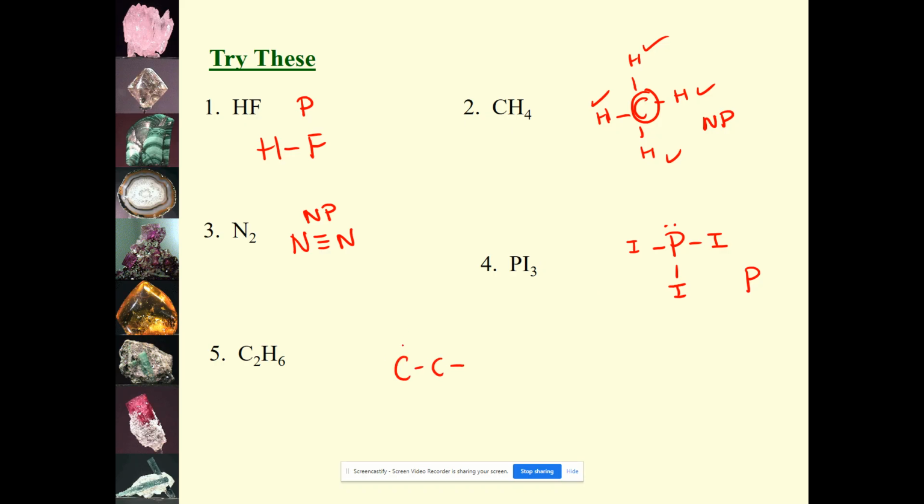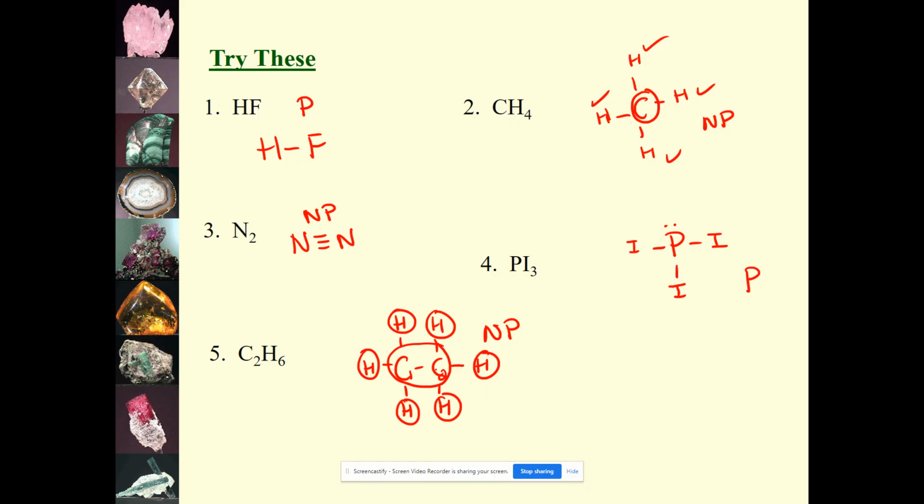And then C2H6, you have two carbons in the middle, and they're making up tetrahedral shapes around each carbon. So again, you can think of the carbon as one center, and all of the terminal atoms are the same. So that makes the molecule nonpolar. It's tetrahedral around carbon 1, tetrahedral around carbon 2.